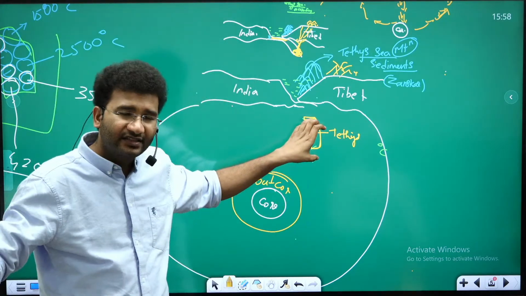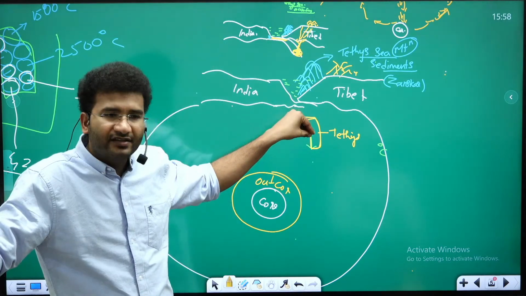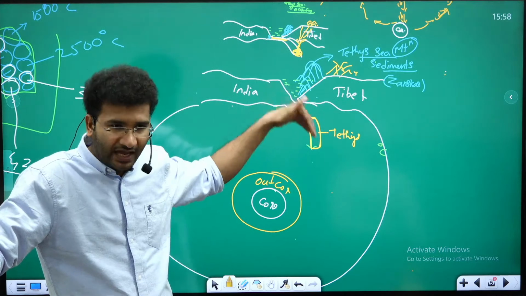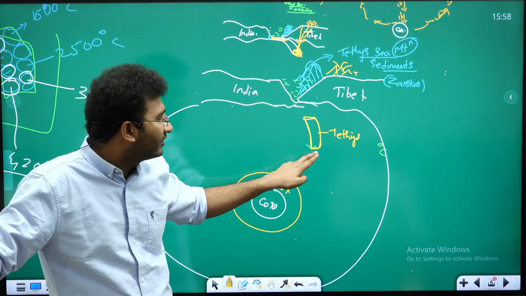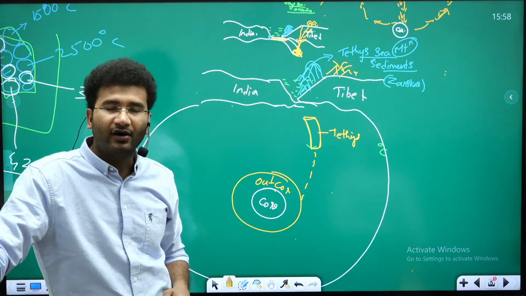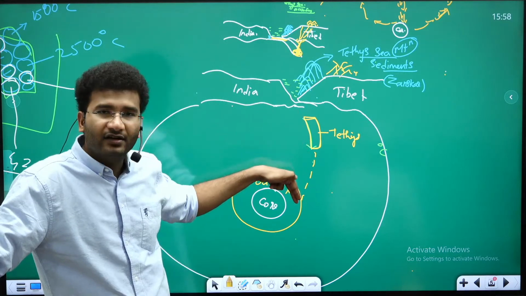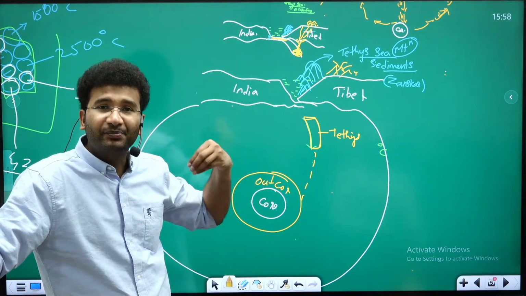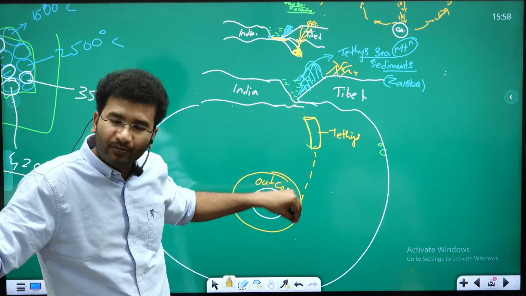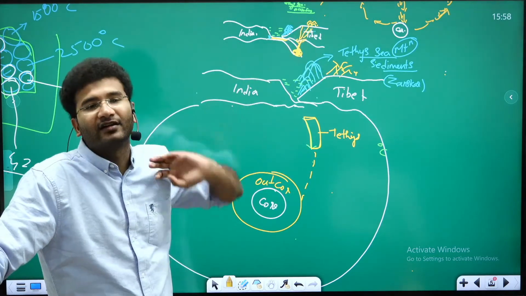Why is this Tethys sediments or Tethys plate present here? It is because it has sunk down, and today it is still having its journey towards the outer core. It is still moving towards the outer core. जब तक ये outer core तक ना पहुंचेगा, तब तक हमारा हिमालयास का height बढ़ेगा.